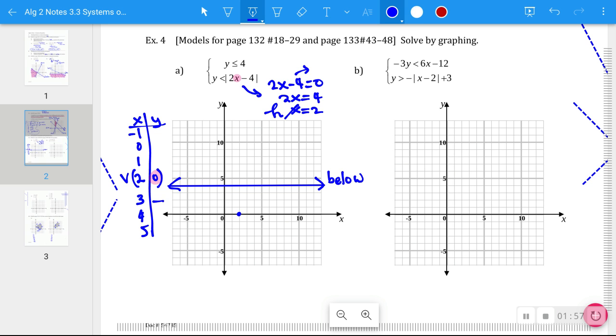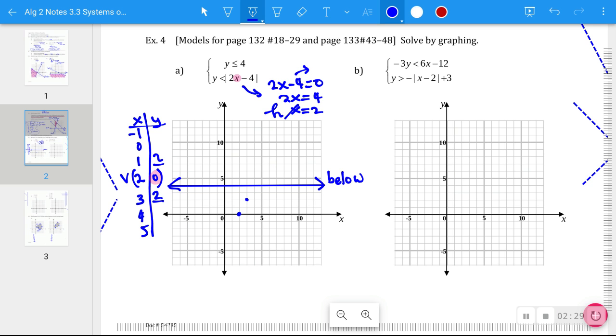Okay, now let's put the 3 in and the 1 in. Let's start with 3. When you put a 3 in for x, 2 times 3 is 6, minus 4 would be 2, and the absolute value would be 2. Now we should get the same value on the other side when we put 1 in. So we're going to find this value right here. And 2 times 1 is 2. 2 minus 4 is negative 2, but when you take the absolute value, it turns it back to positive 2.